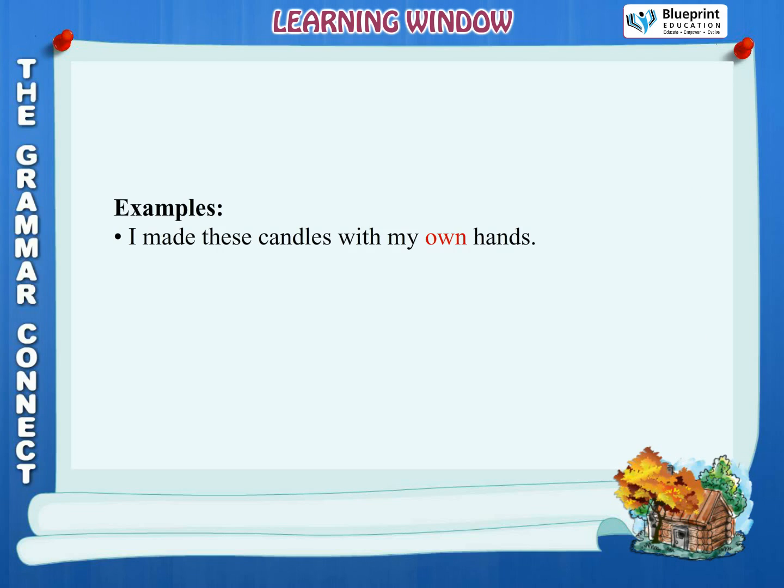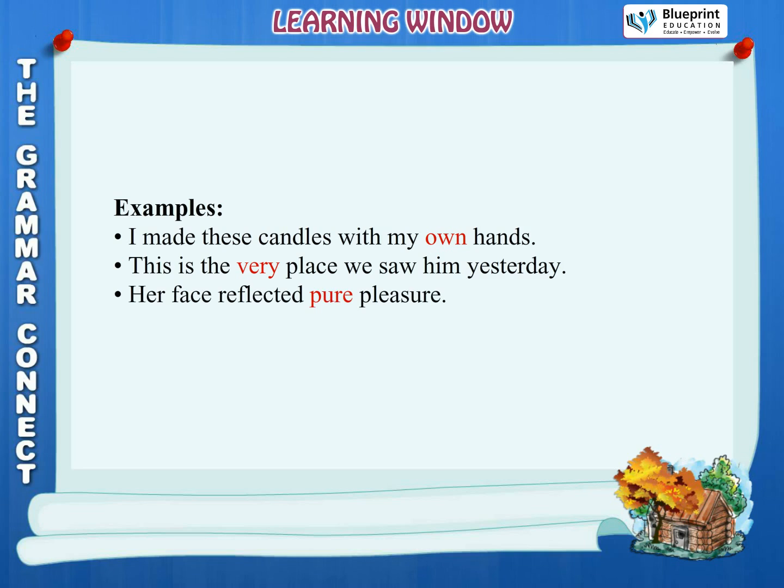Examples: I made these candles with my own hands. This is the very place we saw him yesterday. Her face reflected pure pleasure. The school cleanliness project was a complete success.